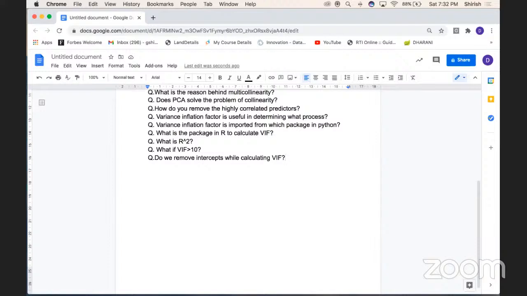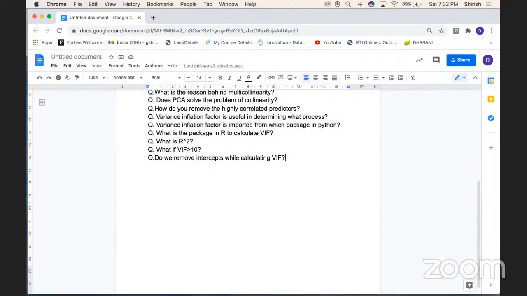And what does that imply? The standard error of your variable would go up if your independent variable were uncorrelated with your other predictors. So no, you should not remove your intercept while calculating your VIF.